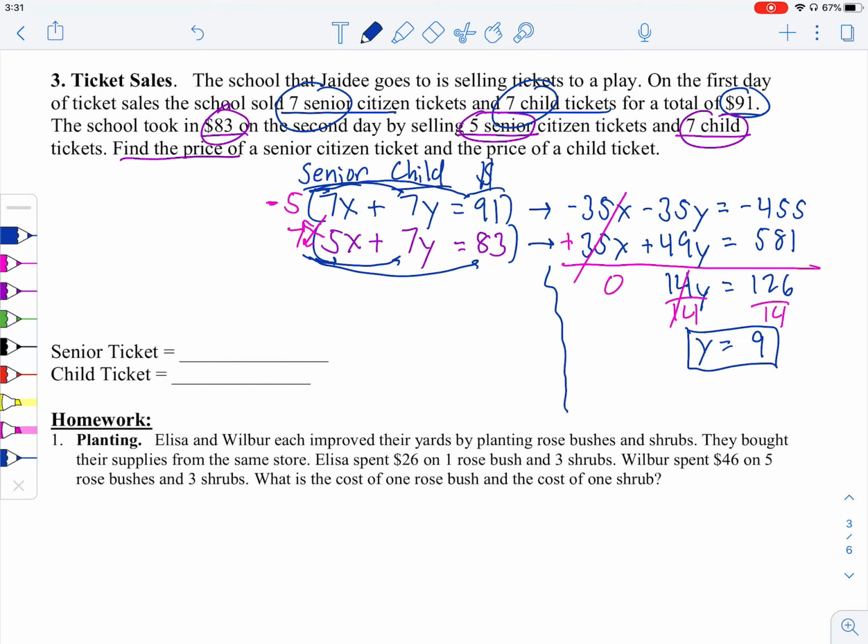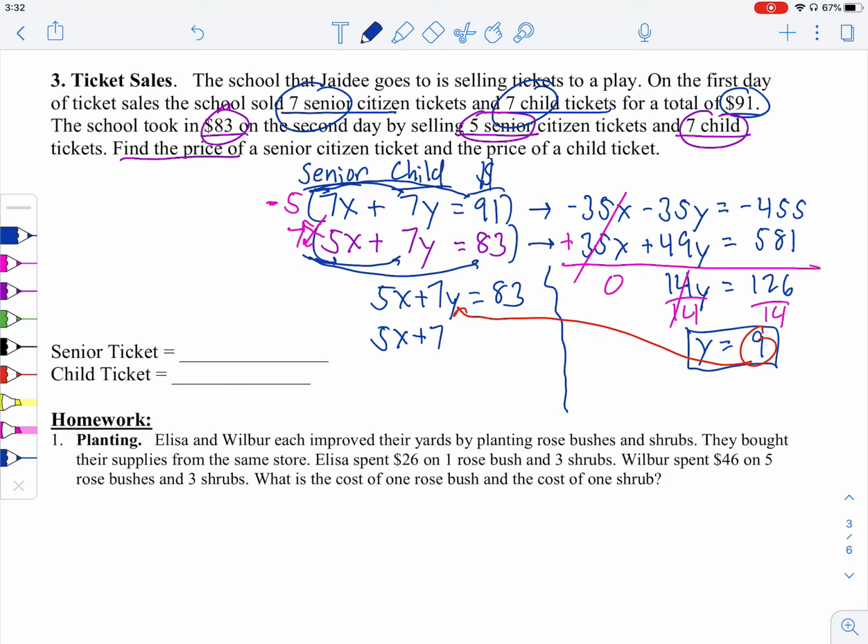And then we use that. We find what x is, right? And we use either equation, whatever we want to use. Let's use the second one this time. So 5x plus 7y equals 83. Our y is 9. Put that in right there.